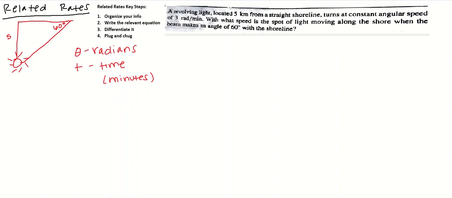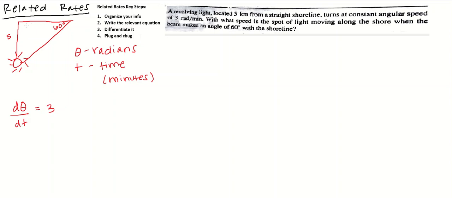So if we're going to represent the constant angular speed using differential notation, the thing that's changing is the radians, and it's changing with respect to time, to minutes. So we would say d theta over dt is equal to 3, because this theta value is changing with respect to time. And so where on our picture would theta be? Well, they're saying that the revolving light is turning at a constant angular speed.